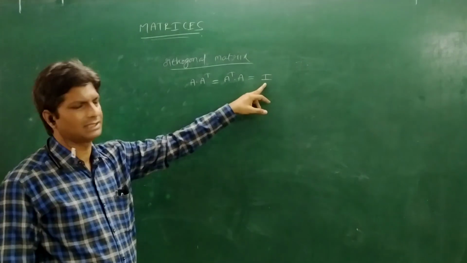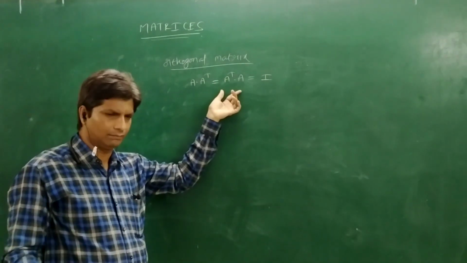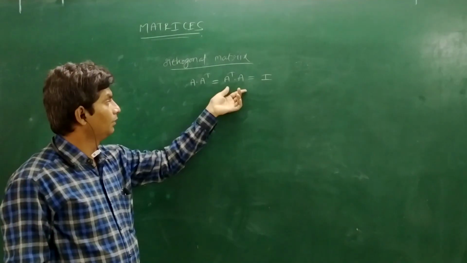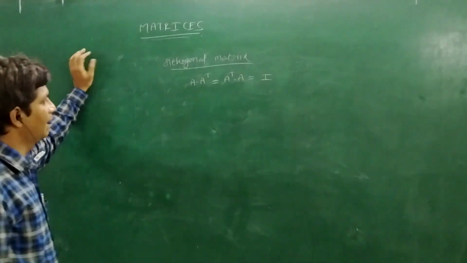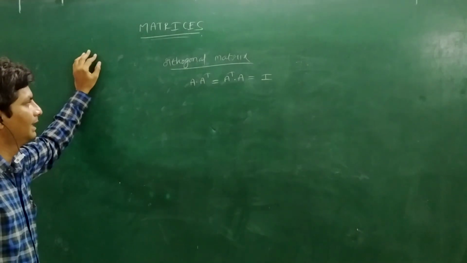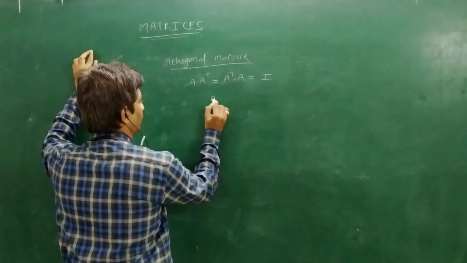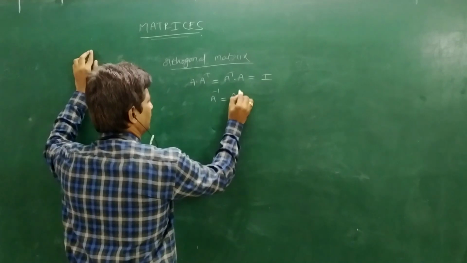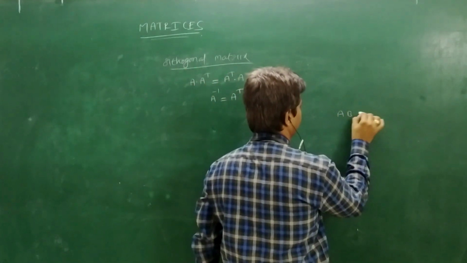Already we know what an identity matrix is, and we already learned multiplication of matrices in basic classes. From this, we can write A inverse equal to A transpose because of the definition of inverse of a matrix.